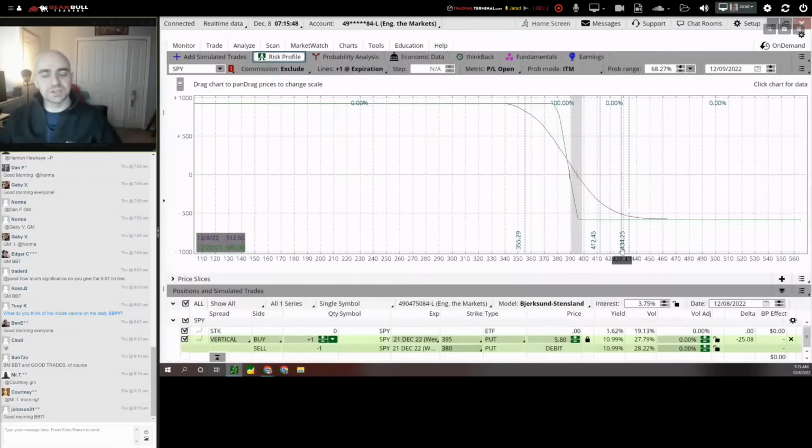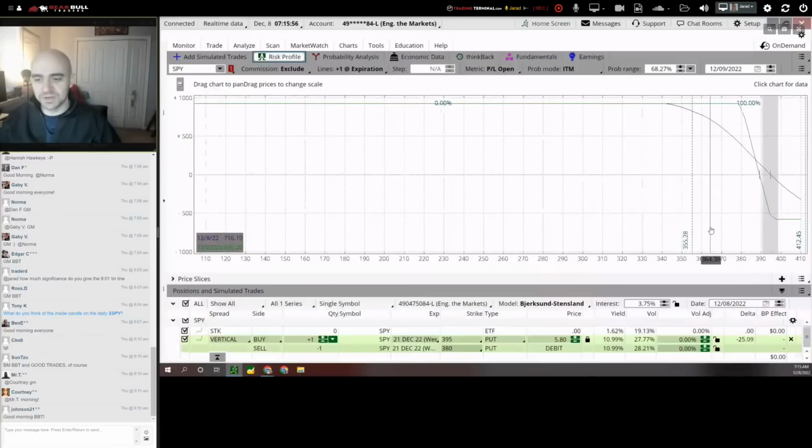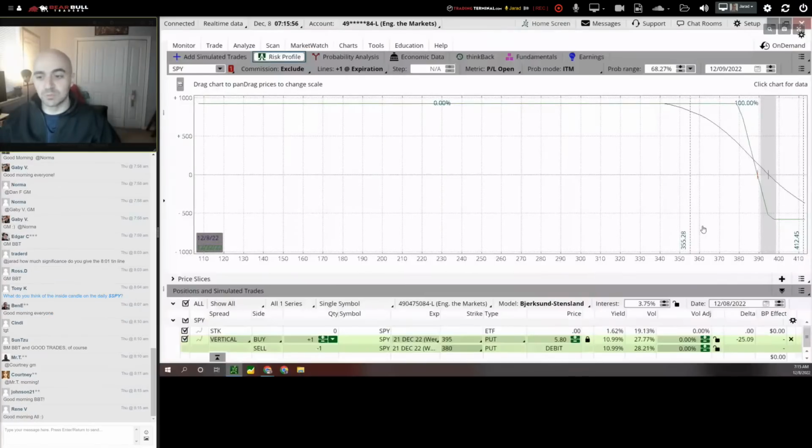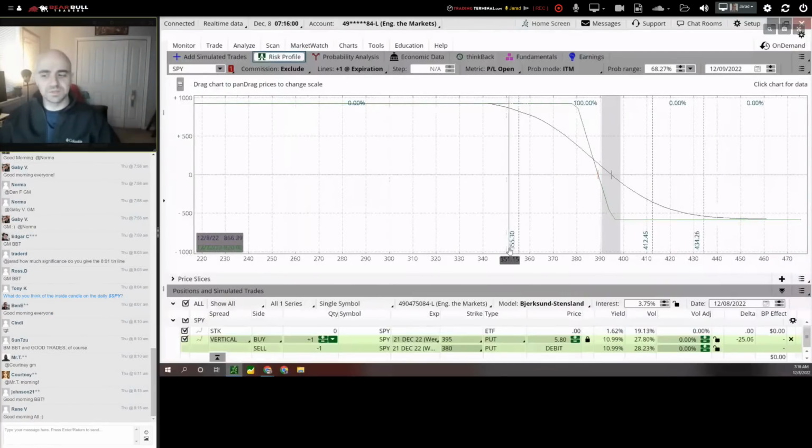If the market were to crash, and let's say the market goes to 350, the most extreme example just being to retest our lows, then the vertical will be profitable, but you'll only make the difference between the long put strike and the short put strike.